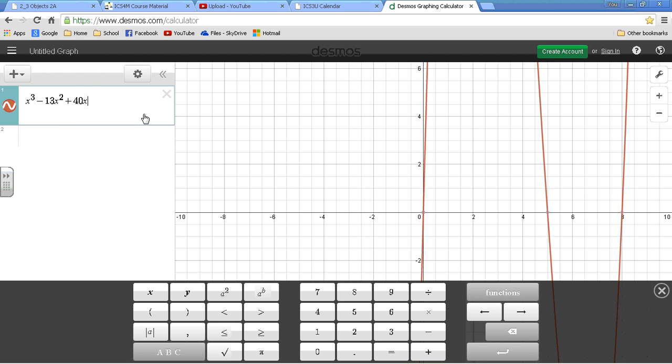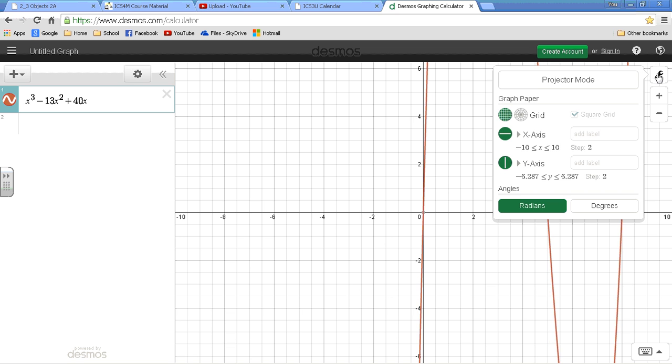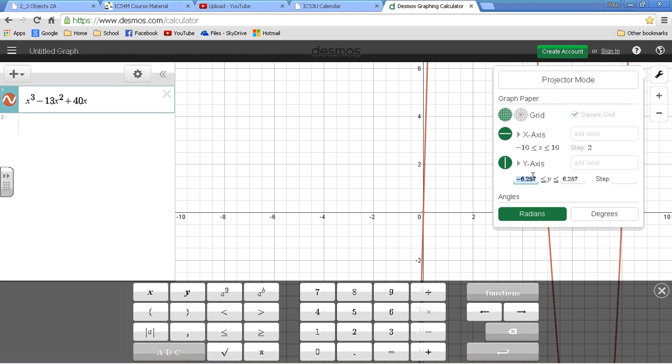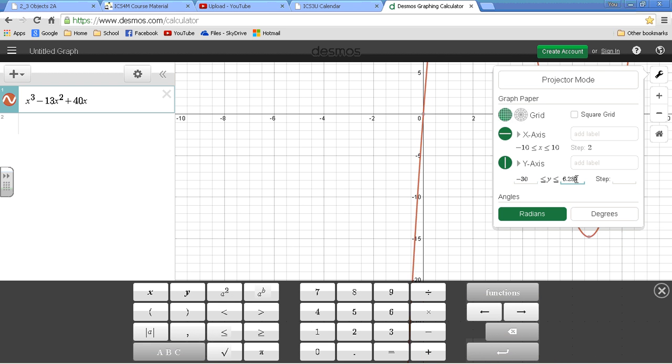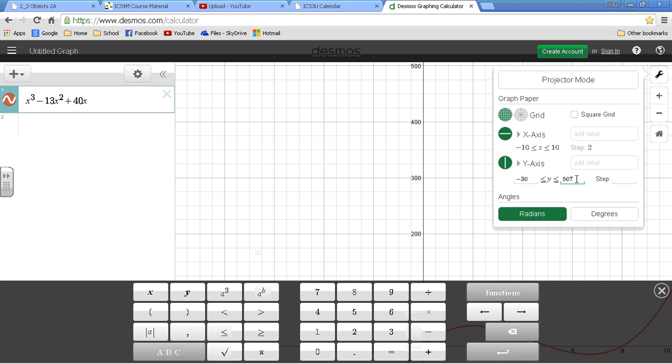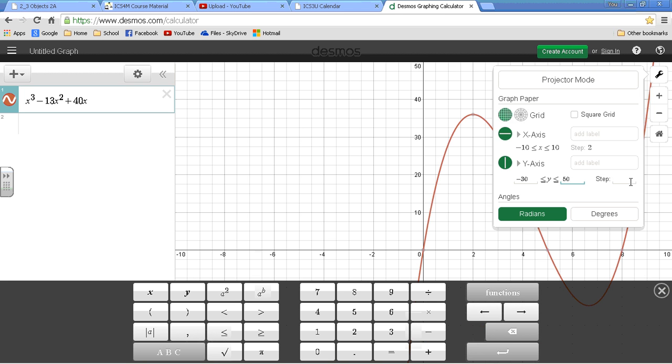Not t, x, sorry. And then you're going to want to change the settings, and of course you're good at this already, but we want the y values to go from maybe negative 30-ish to positive 50-ish, maybe 50, not 507, but 50. Step by, well, that's not bad.